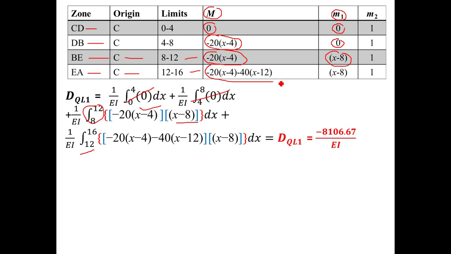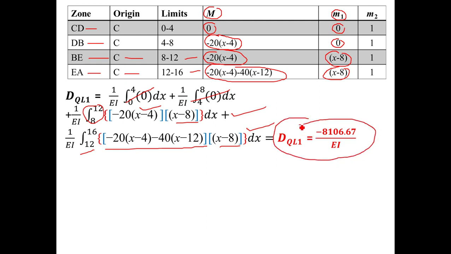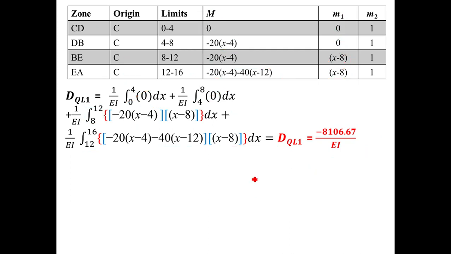Capital M is equal to this, and M1 is equal to x minus 8 again. So the first two zones are 0, and the remaining two zones are there. If you calculate this integration in your calculator and add over the limits 8 to 12 in the third zone and 12 to 16 in the fourth zone, the final answer of DQL1 is minus 8106.67 upon EI. This is the first element.